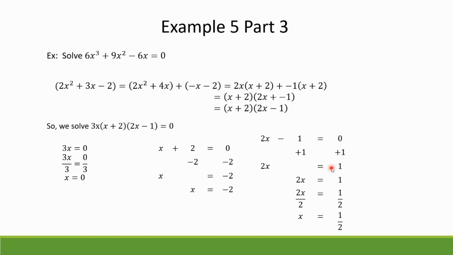So then we divide both sides by 2. We get x equals 1/2. So the three solutions are 0, -2, and 1/2. So good. Are there any questions on this?